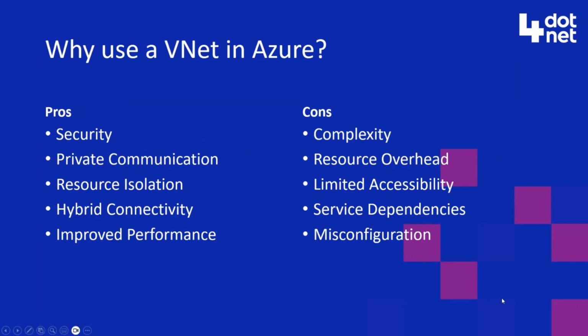And let's first hold here for a second. So why do you want a VNet in Azure? Because it brings a lot of complexity and maybe some overhead, and it causes limited accessibility. For example, in your development environment, when you're used to just hitting F5 to start up a debugging environment, you would, for example, like to connect to a database that sits in Azure.